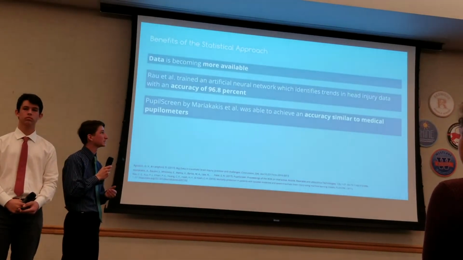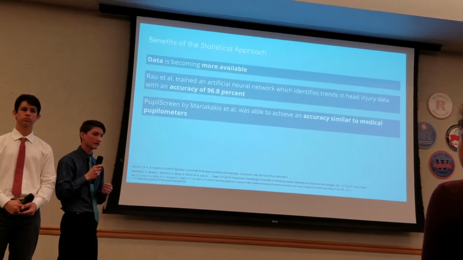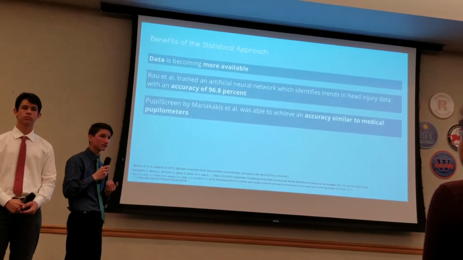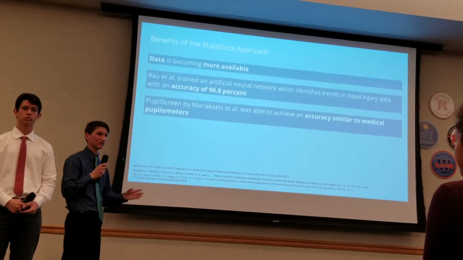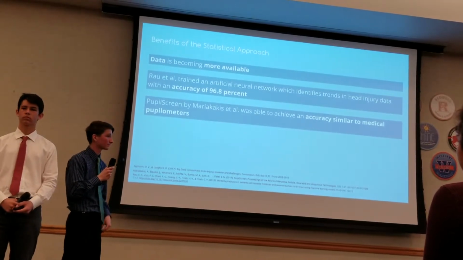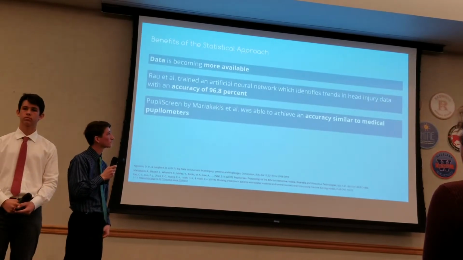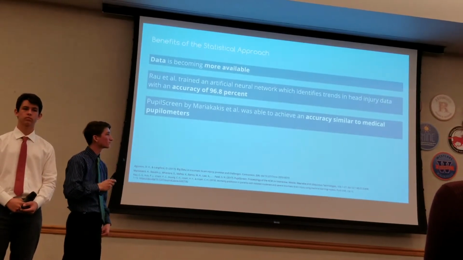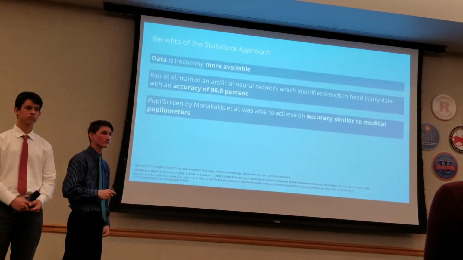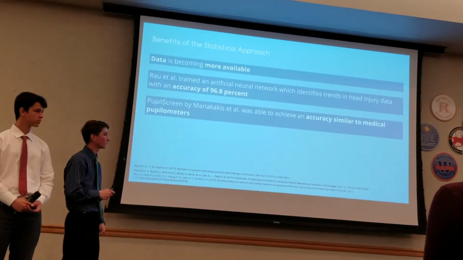Now, for the benefits of the statistical approach, the data for it is becoming more available. Each new study, the more data is used for the next. Each time this would actually be used on a patient, that data could be used and applied to the next time they want to do it. So the researchers at Changchun Memorial Hospital were able to train an artificial neural network to discover trends in head injuries, and it was able to determine concussion rates with an accuracy of about 97%, which, if you remember, is only 10% right now.